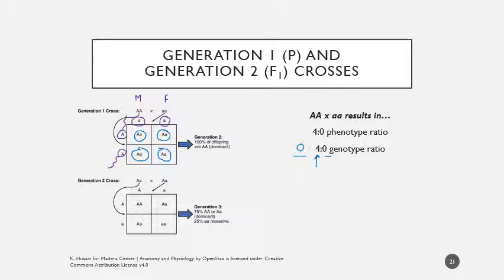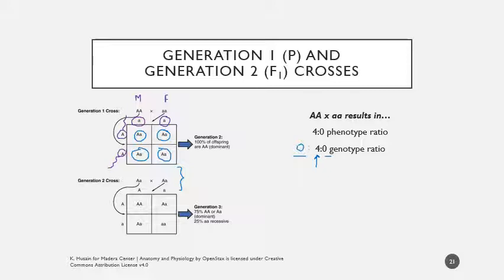So let's say that we take 2 of those resulting heterozygotes, 2 of these potential offspring, and cross them together. That's not so common in animals, but it's quite common in plants to cross 2 individuals of the same generation from the same parents. If we cross 2 heterozygotes together, we get something a little bit more interesting happening. Now there are a couple different types of gametes that can be formed from each parent.